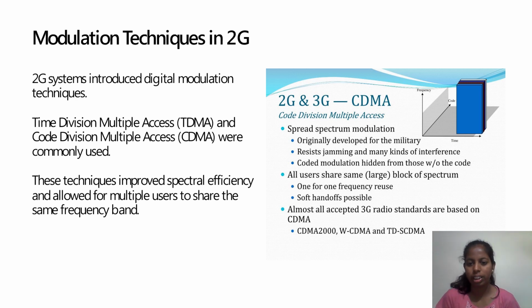All users share the same large block of spectrum, with one-to-one frequency reuse, and soft handoff is possible. Almost all accepted 3G radio standards are based on CDMA. In CDMA, we have mainly CDMA2000, WCDMA, and TD-SCDMA.